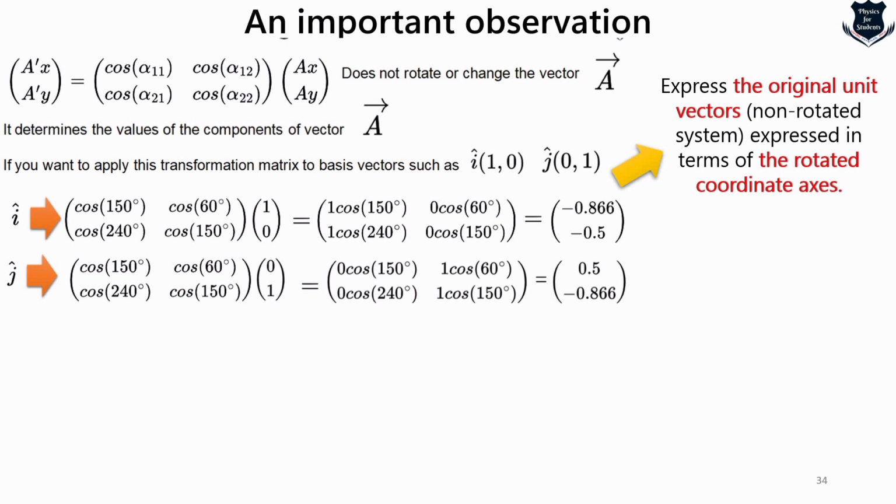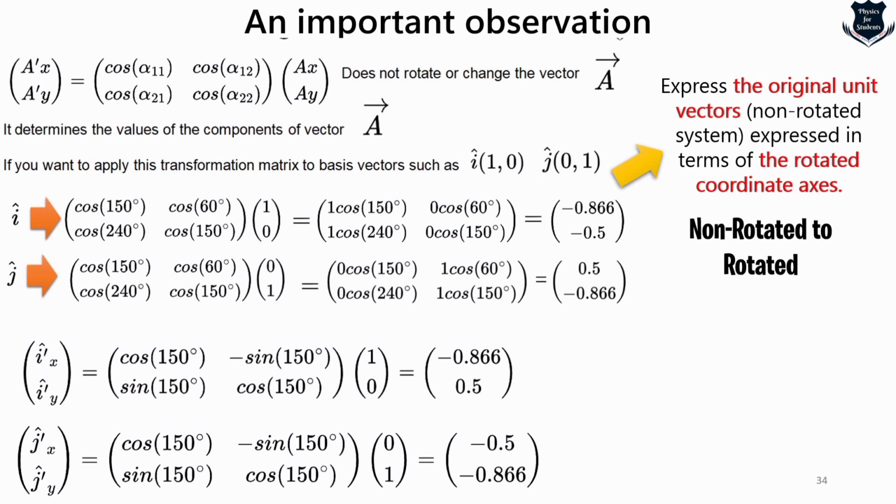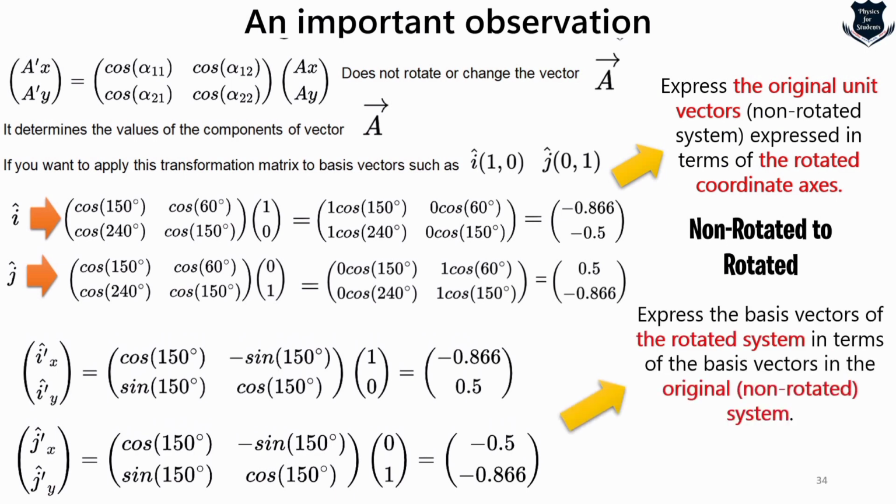So to summarize, it is from non-rotated to rotated. But in this video, what I have done is this, and this tells the basis vectors of the rotated system in terms of the basis vectors of the original non-rotated system. So it's exactly the opposite, and here we say it goes from rotated to non-rotated.